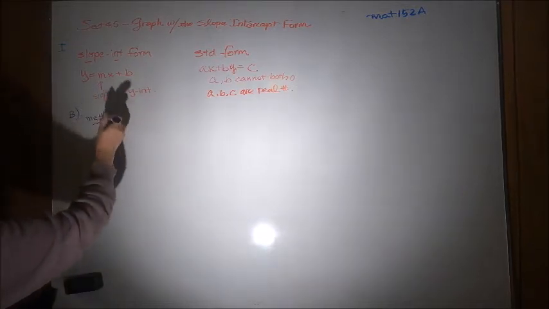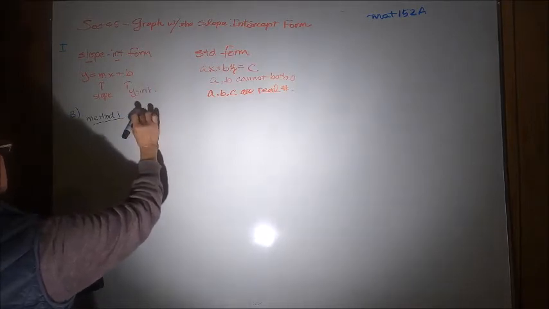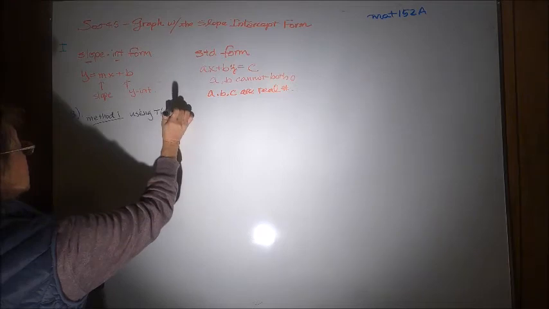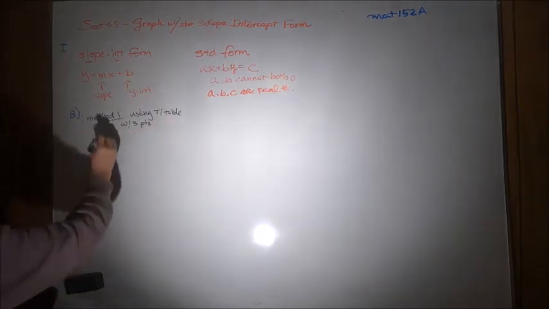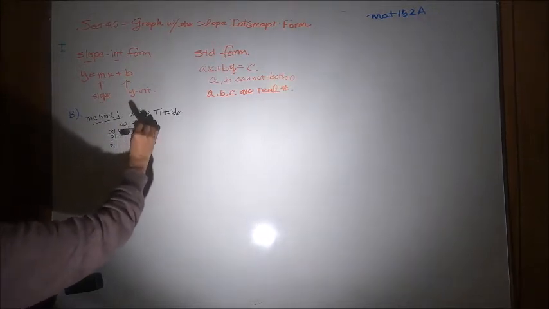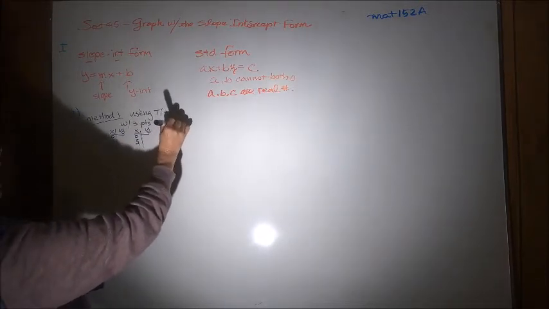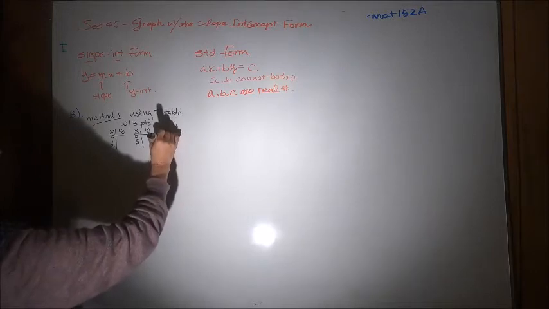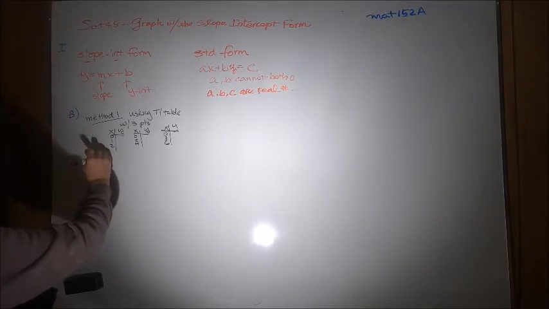Method 1 is using a t-table with 3 points. You can use 0, 1, 2, just simple numbers, to plug in to find your y for the ordered pairs. The reason you choose those numbers is to avoid fractions, to make your life easier, right?